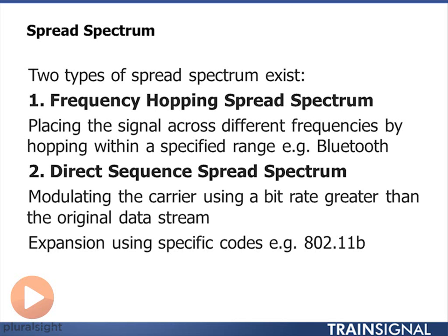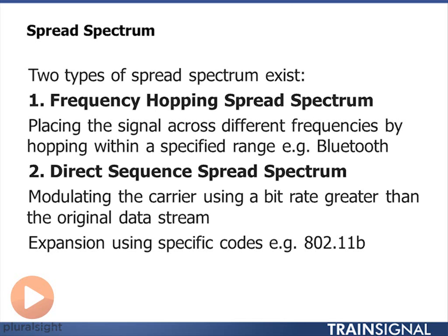But if it hops to a frequency that suffers some interference, it could lose that part of the signal, but then it's going to hop to another one, and then the probability is that something else isn't there, and you'll be able to get that part of the signal. So it hops over a wider band in order to give it diversity on the frequency so it can operate in an interference-oriented environment.